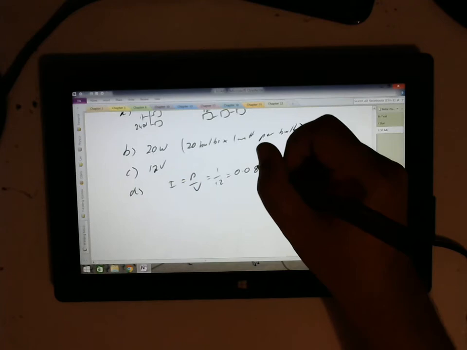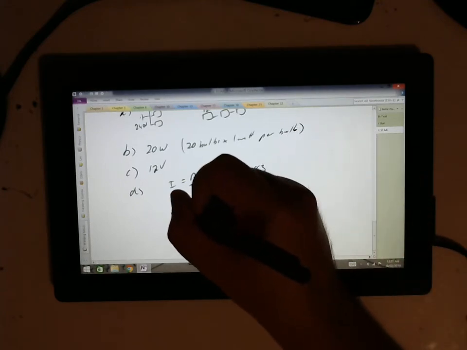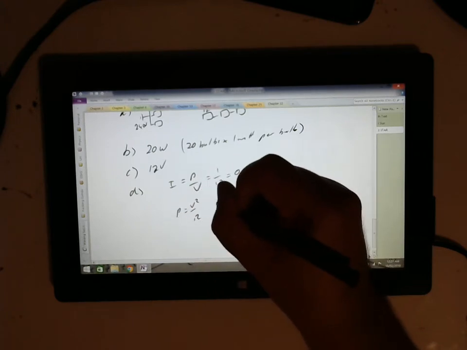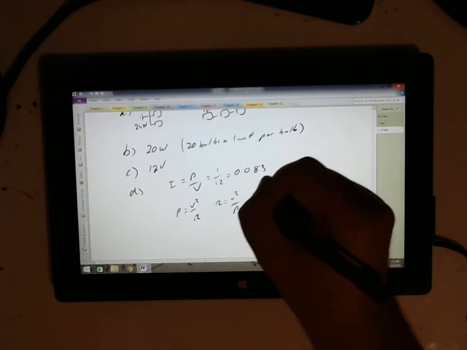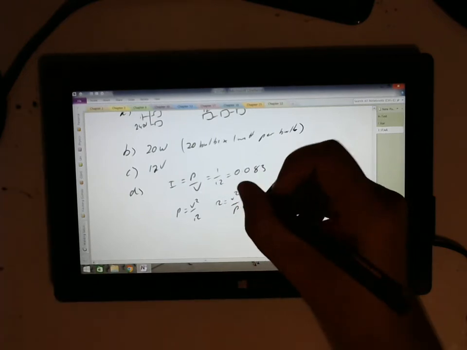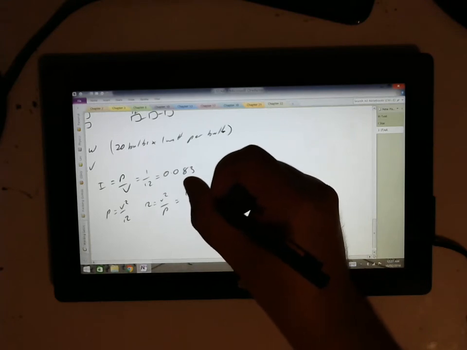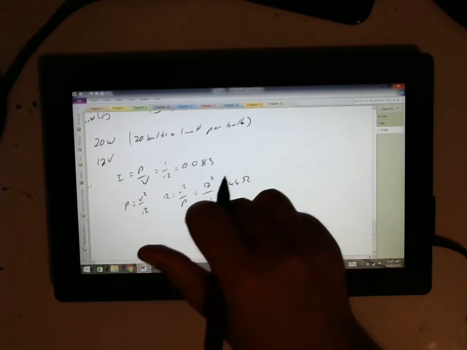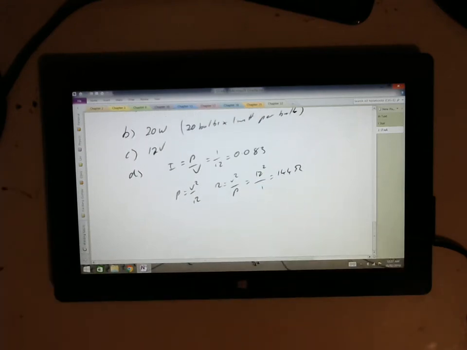Yeah, because the answer is 83 milliamps. Yep, good. Resistance, so P equals V squared over R, so R equals V squared over P, equals 12 squared over 1 equals 144 ohms. Done. Nice and straightforward for that one, I believe. Okay, let's keep going.